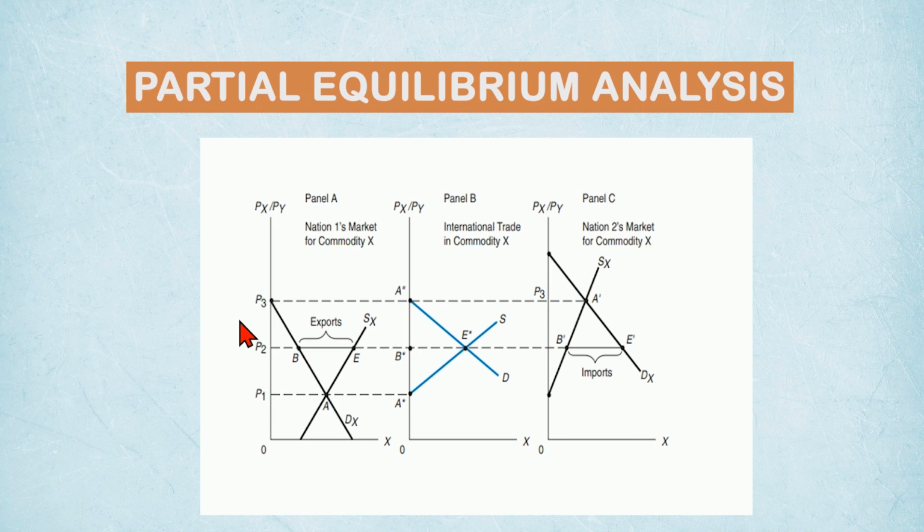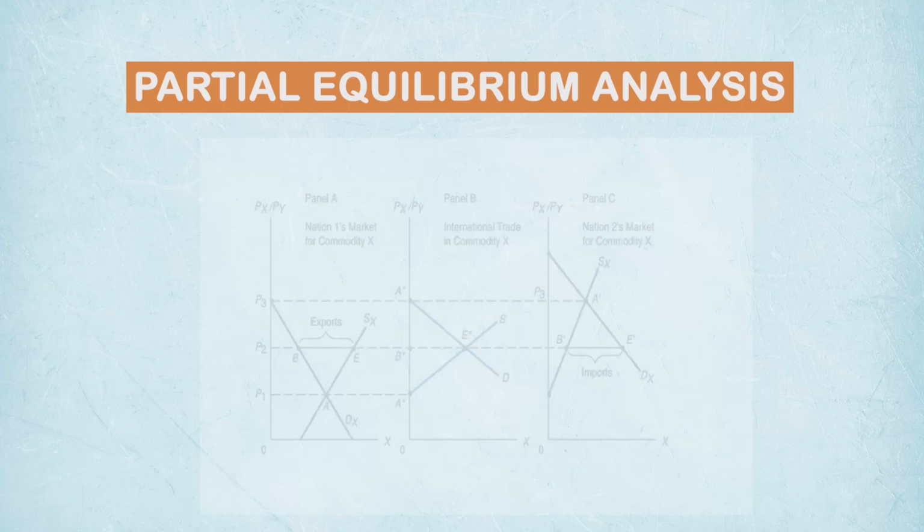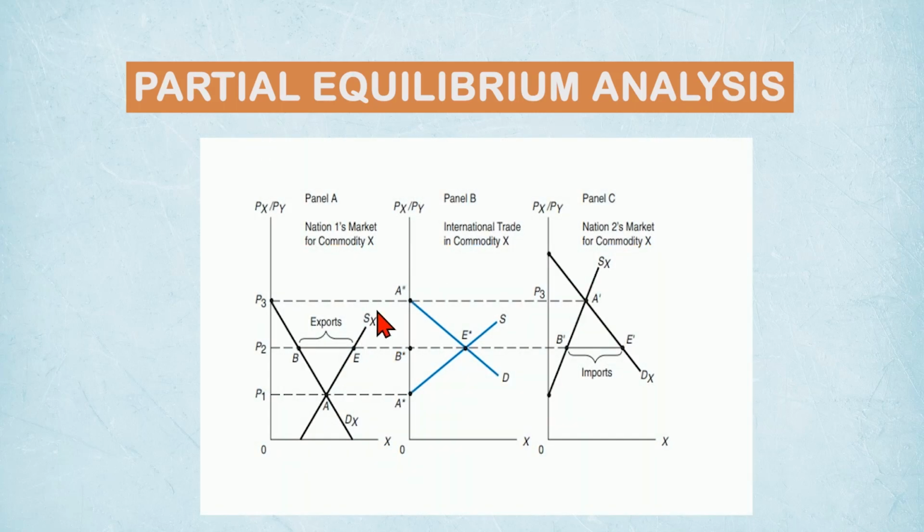Now again, jump cut to price P3. At P3, nobody is demanding anything because the price is so high that the domestic consumers are not willing to get any commodity, because they are not ready to pay this much. But when price goes up, as you know, the producers try to produce more and more. So the supply should be so high that it is not shown in the diagram.